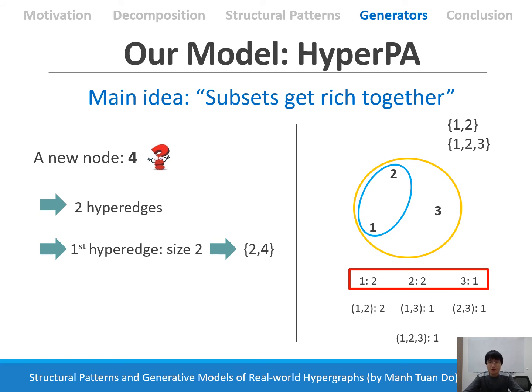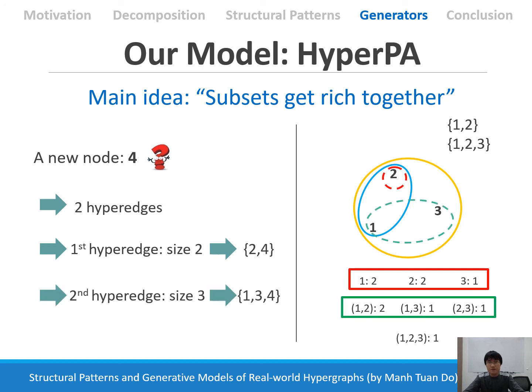It considers all single nodes and takes into consideration the degrees of the nodes. The chance for a node to be chosen is proportional to its degree. So as you can see, node 2 is chosen, so we have a new hyperedge {2, 4}. For the second hyperedge, the size is sampled to be 3.